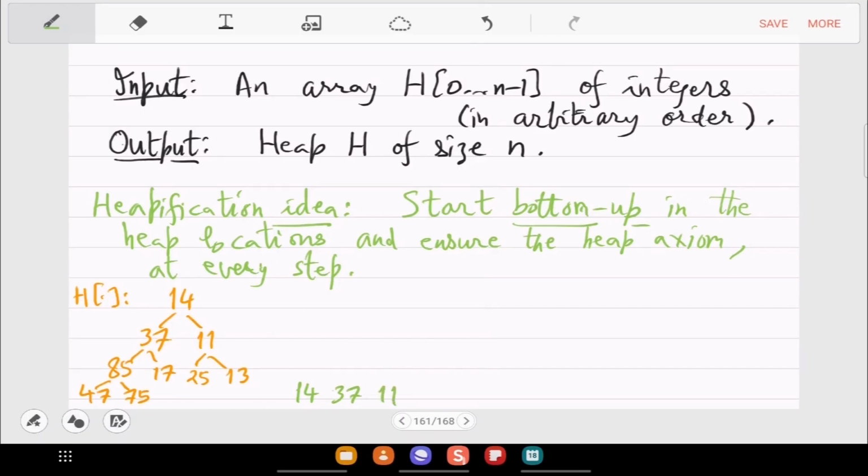So 14 and then the children, and after this, what comes after 11? Yes, you just read from left to right, top to bottom. So 37, 11, then 85. So that is the array.